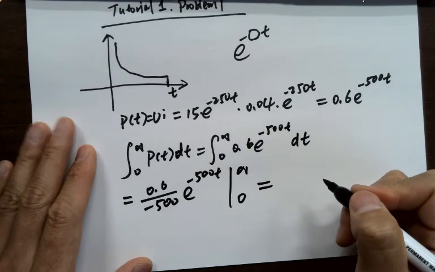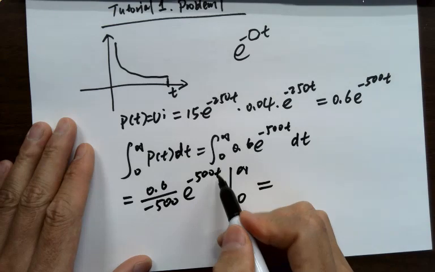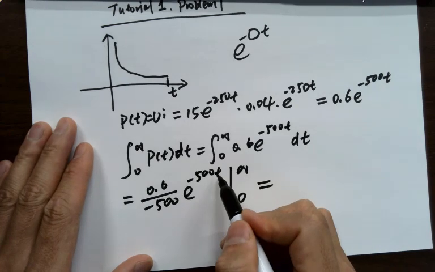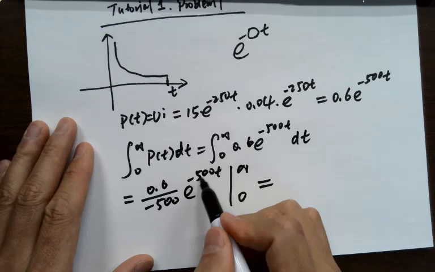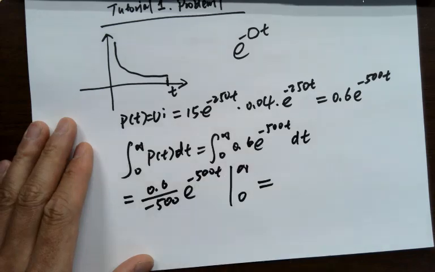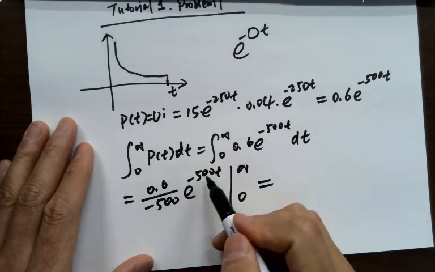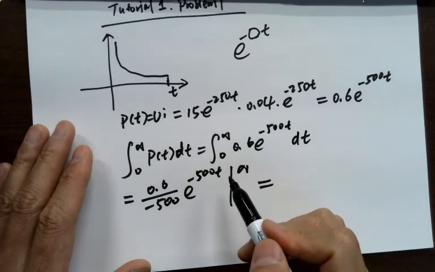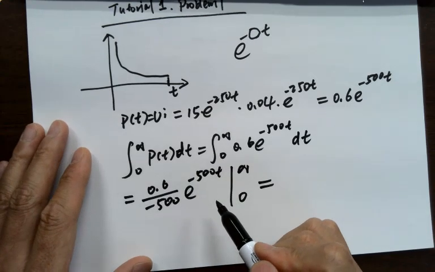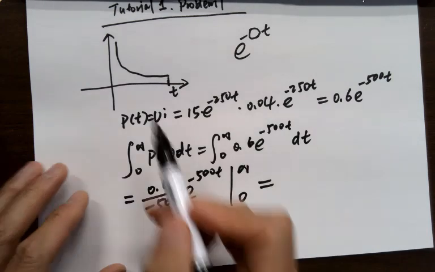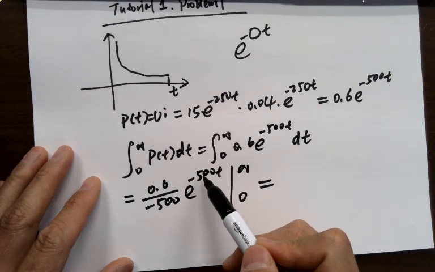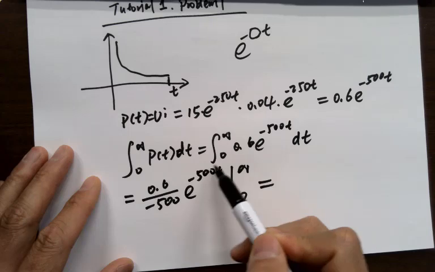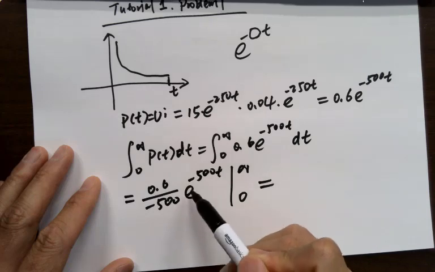With infinity, you plug into this equation. Like I said, negative 500 times infinity will be negative infinity. Whatever, since it's infinity, right? So it could be 0 for this part, and this becomes 1, right?